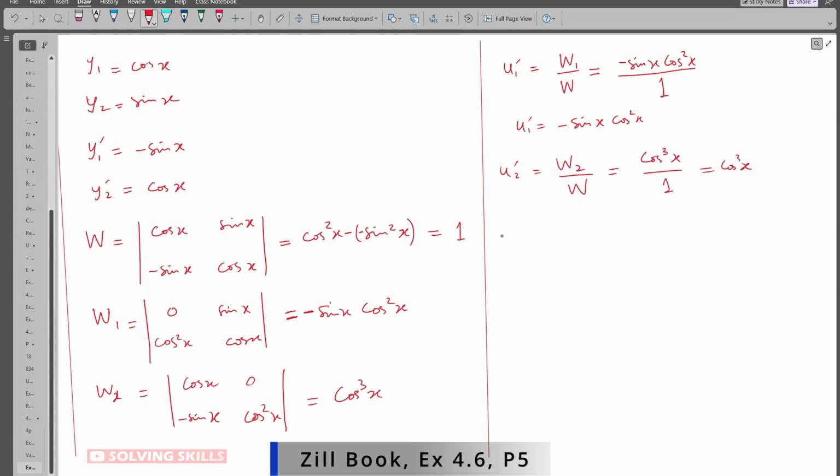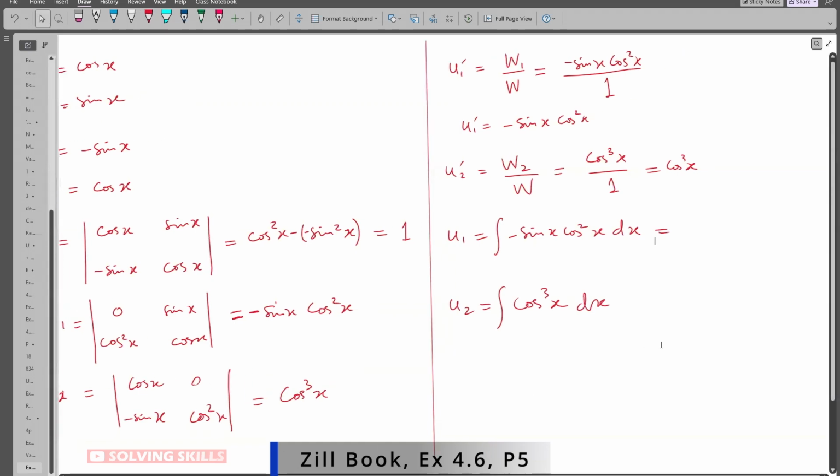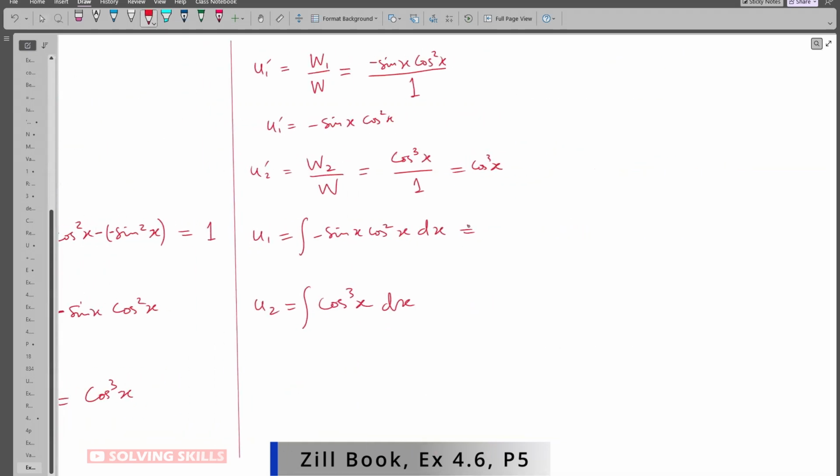And now comes the integration part, that you will have to find u1 by integrating minus sine x cos square x, and you will have to find u2 by integrating cos cube x. And this one I think can be solved by substitution. Assume that u equals cos x, then du will be minus sine x dx.